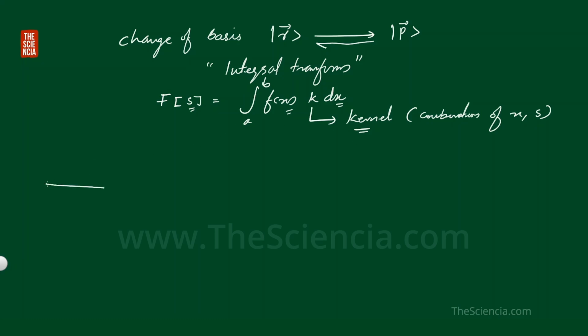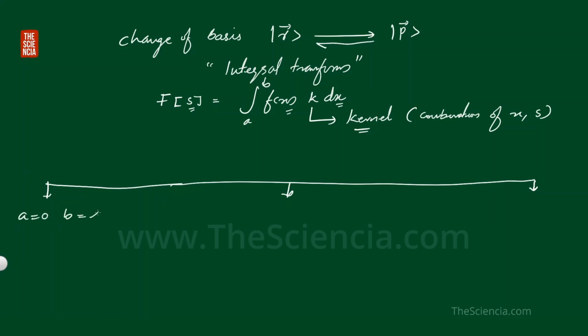So the kernel determines the different kinds of integral transform. Based on the kernel, we can classify three types of integral transforms here. First one is a equal to 0 and b equal to infinity. The limit is from 0 to infinity, and kernel is equal to e raised to minus sx. So here F(s) is equal to integral 0 to infinity f(x) e raised to minus sx dx.